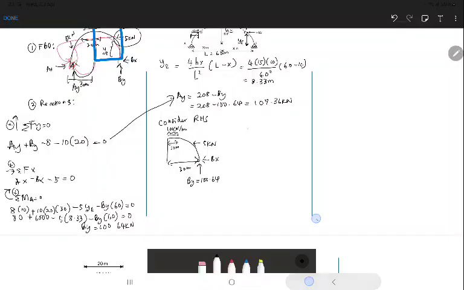Alright, so take moment at C, here C, equal to 0. Okay, you have this one, then you have this one, and then Bx, this one.